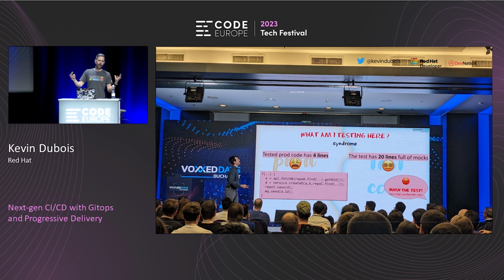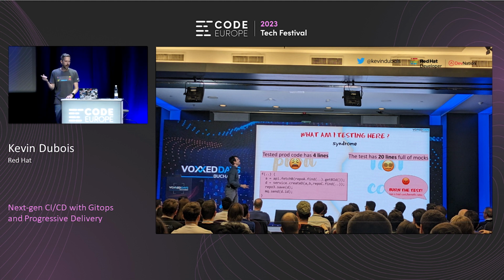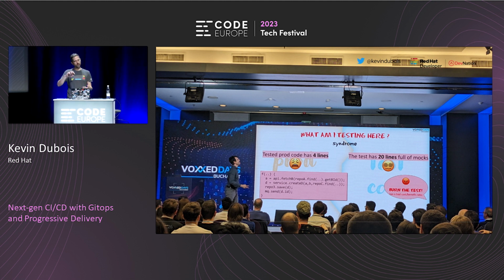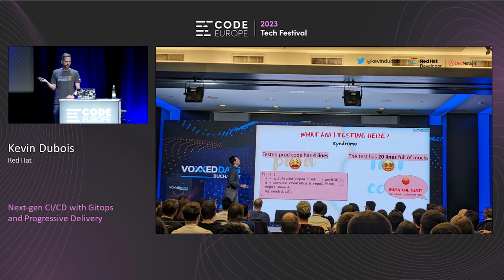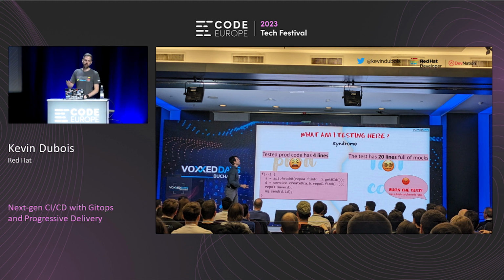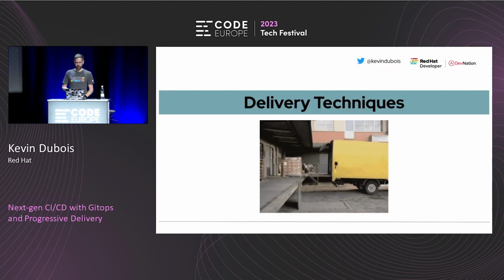You can do lots of mocking of your dependencies, but at some point you're making your mocking more complex than your actual application, and that's what Victor here was saying. They have a production code that has 4 lines, and the test was more than 20 lines full of mocks, and it gets way worse than that. So you have to balance whether it's worth it to do mocking at that point. Maybe it's better to just actually test on production.